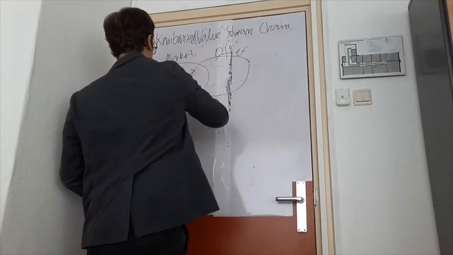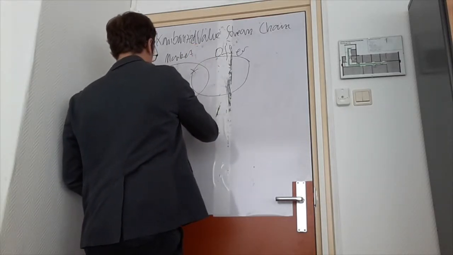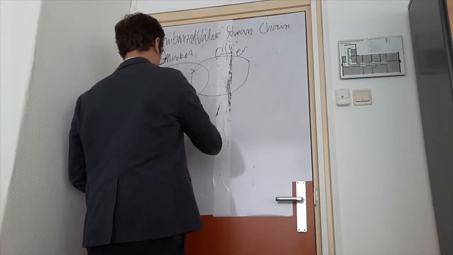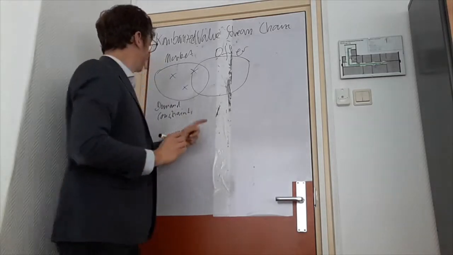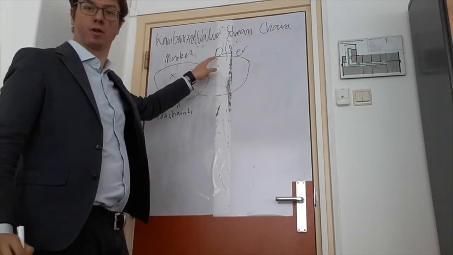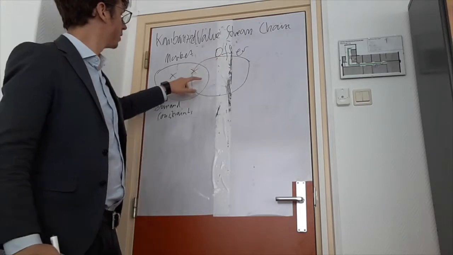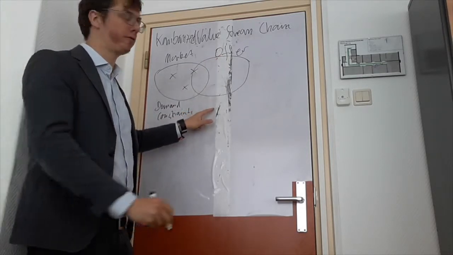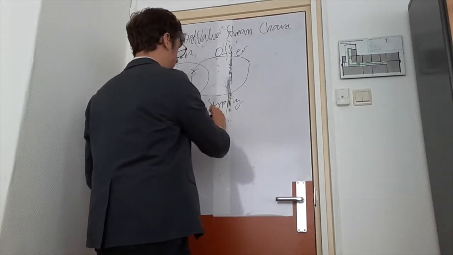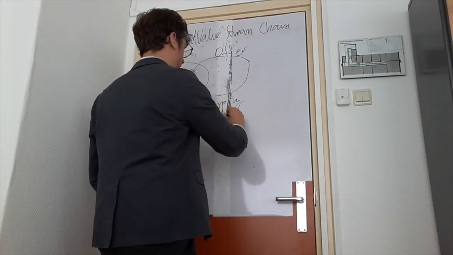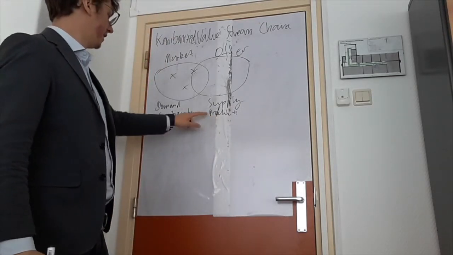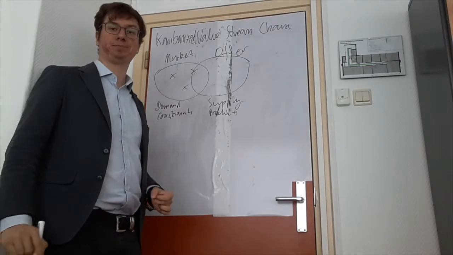So we have the market with demand and constraints on the one hand, and on the other hand we have the offers, which are created by companies, in order to provide a supply and products in order to satisfy the constraints and the demand.